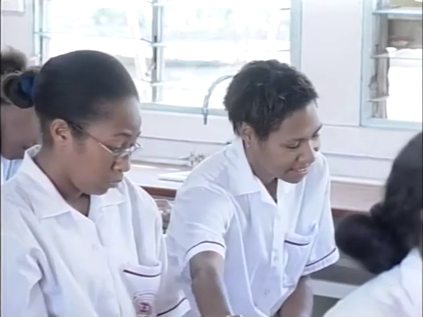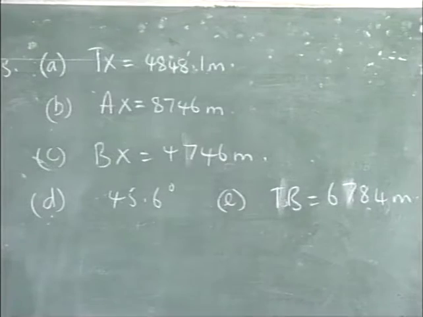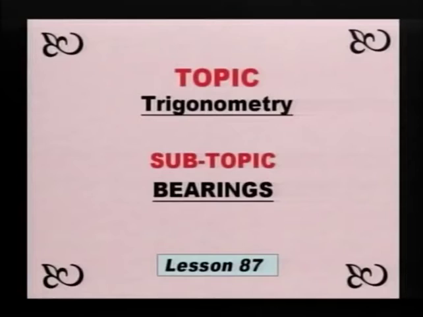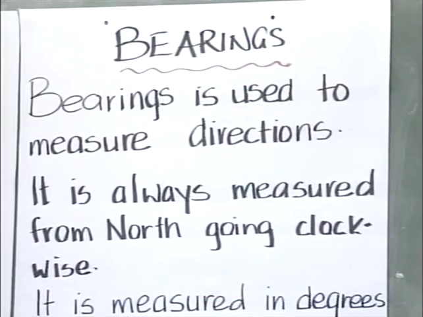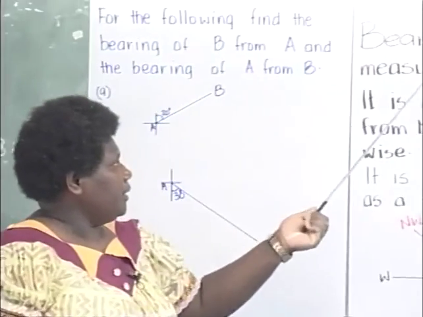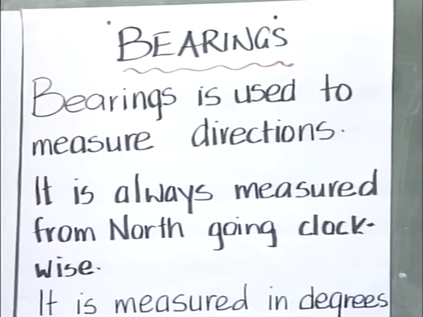Okay, I hope so. Next thing, we're going to look at bearings, which maybe you did a little bit of in grade 10. I don't know whether in social science or in maths. Bearings is used to measure directions from one point to another.